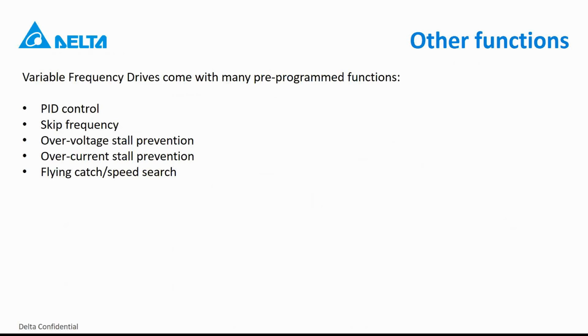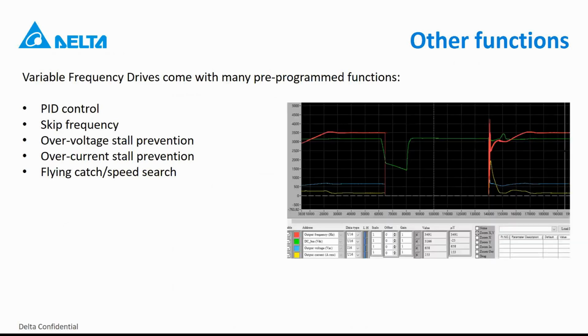Again, very popular with high inertia applications and with fans is the flying catch function, or speed search. What this function does is, if there is a power outage for, I don't know, 2 or 3 seconds or even more, some fans, if they have a lot of inertia, it can take even a minute or more to come to a complete halt.